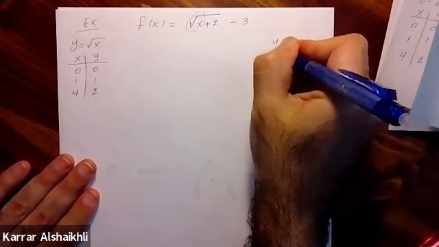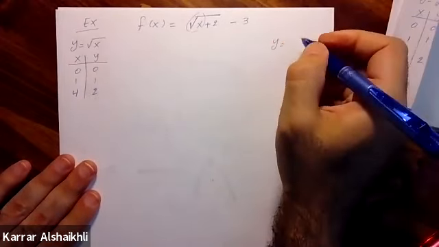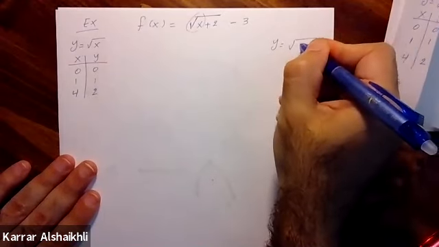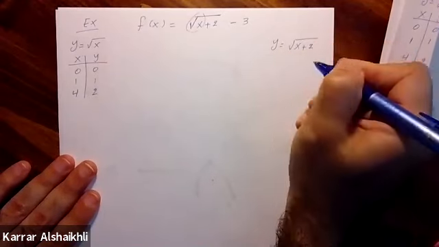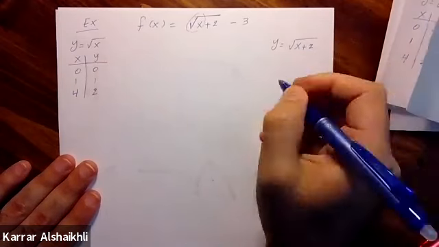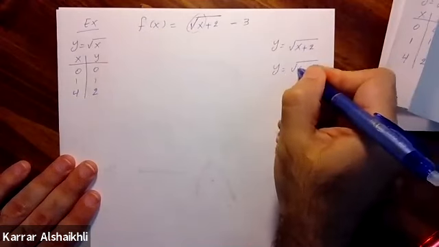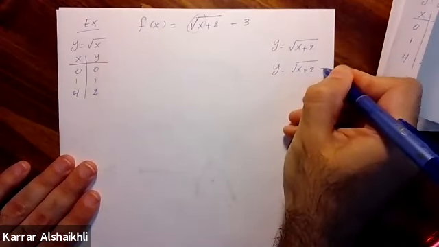Then here is going to be the graph of x plus 2. Then the last graph is going to be y equals x plus 2 minus 3.